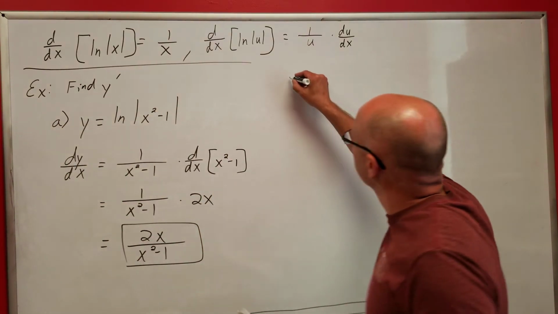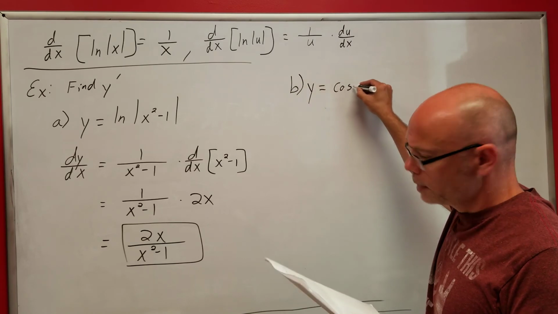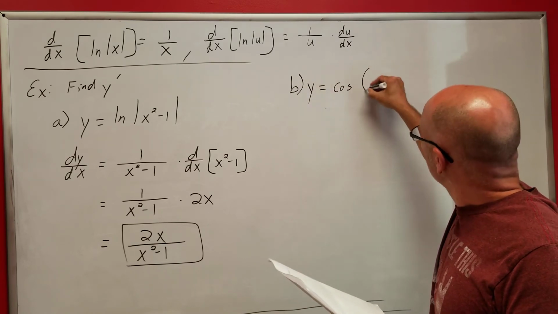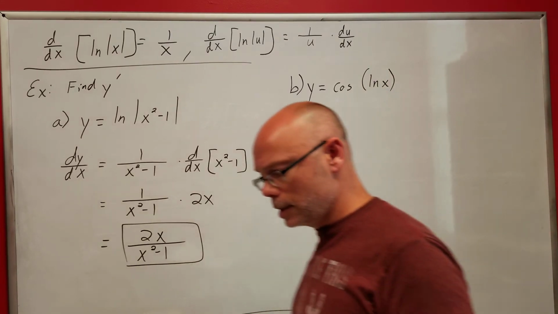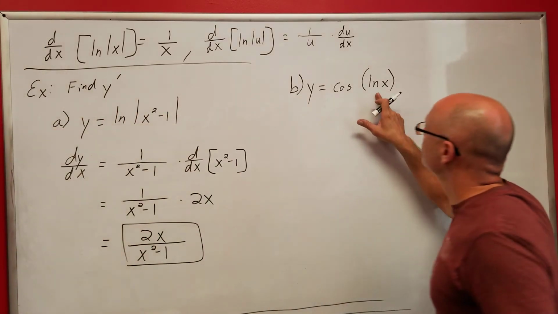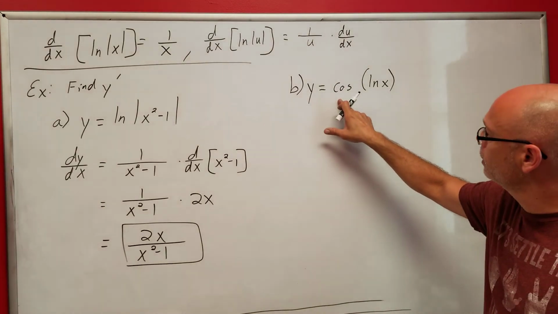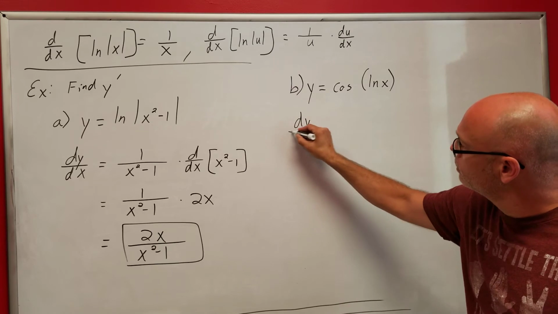How about B? B is going to be y is equal to the cosine of the natural log of x. All right, let's think about how we're going to handle this one. For sure we have an inside and we have an outside right here. So let's use the chain rule when I take the derivative.